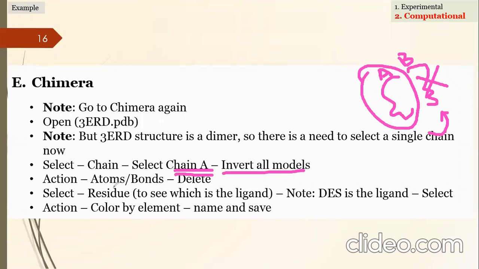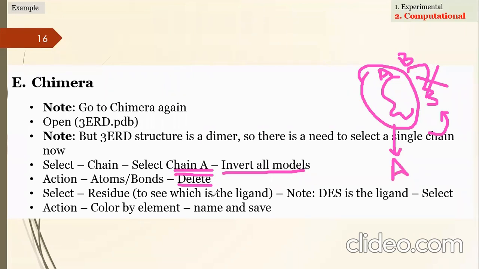Now click on Actions, then Atoms/Bonds, and click Delete. So this will be deleted, because we have inverted the selection. Now you have only one of the chains.